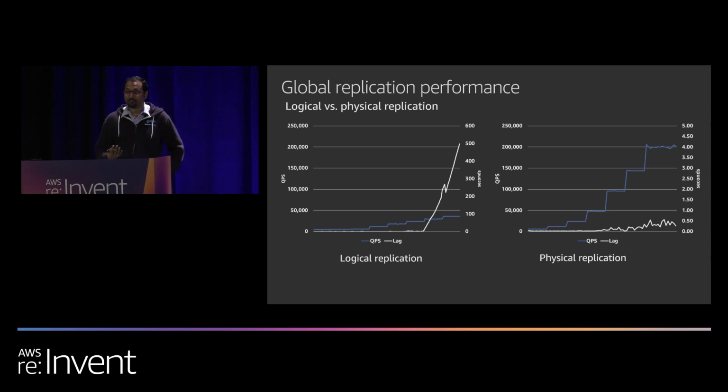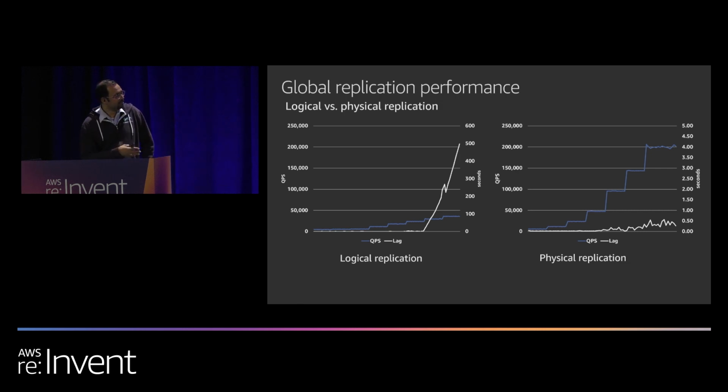So it's not able to keep up. This is one of the things that we see in non-synthetic workloads as well. The binlog protocol is very heavy, so it doesn't scale. In the global databases, the QPS can go till 200,000. The lag continues to remain low, below a second.